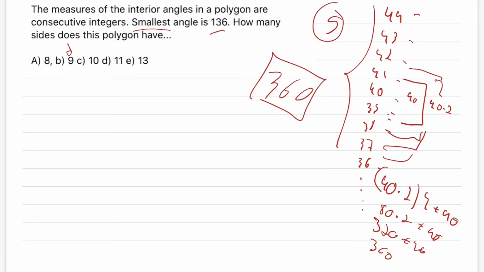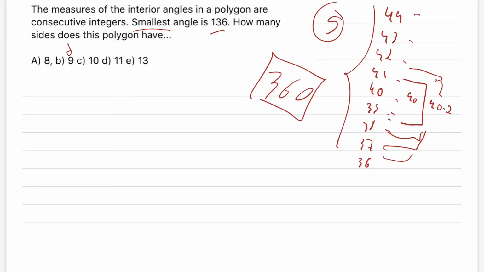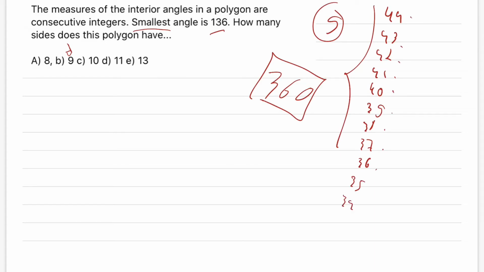But if you do it a different way, for example, 11, the average would be 39, summing those two with 39 plus 2, and so on.